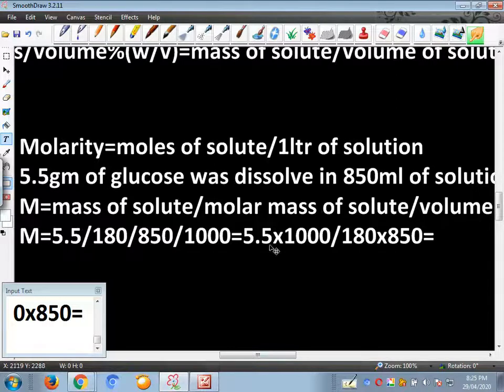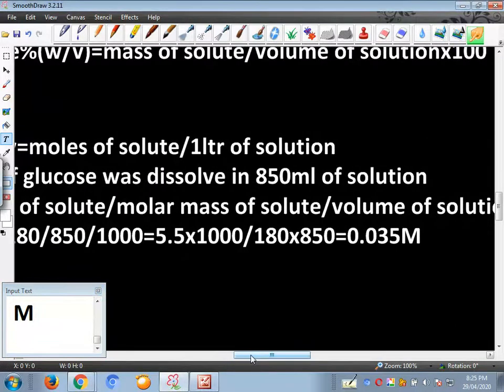So we multiplied 5.5 into 1000 whole divided by 180 into 850. When you simplify this, the answer will be nearly equal to 0.035. Now I think you understood the concept of molarity.